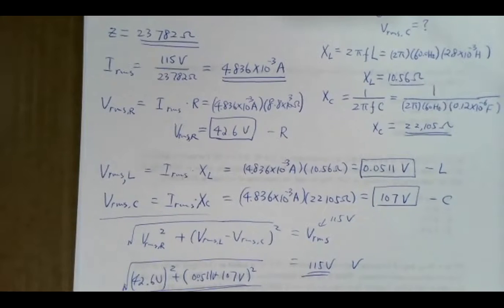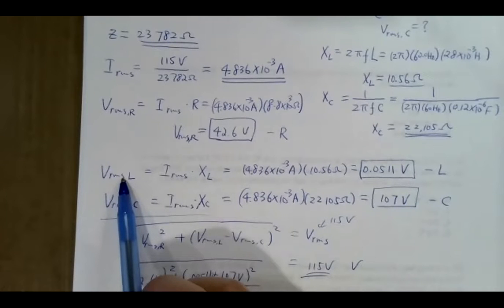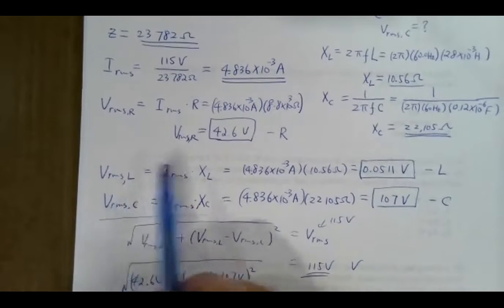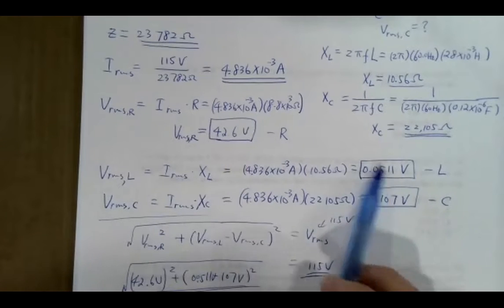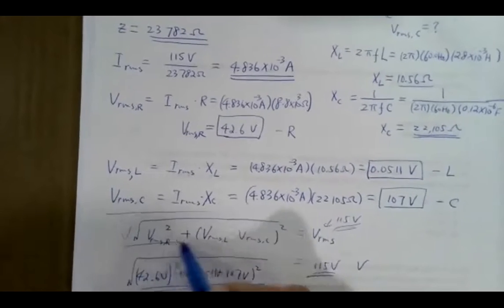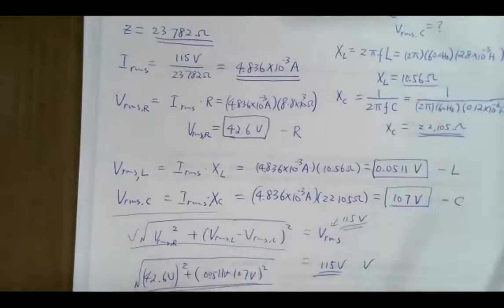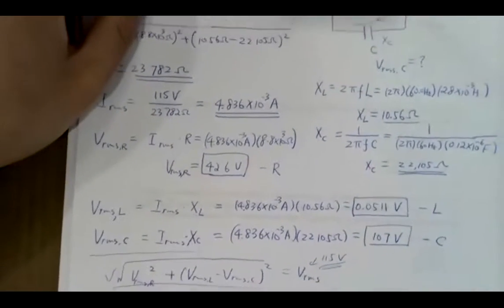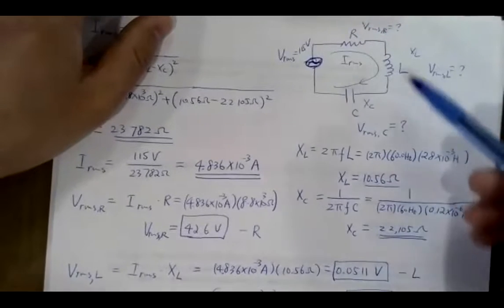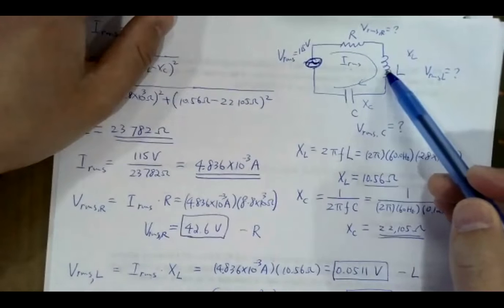Now, because you have an RLC circuit, just keep in mind that your root mean square voltages do not add up algebraically, okay? You do not just simply add those up, because if you add those up, it will not be equal to 115, okay? This is the correct formula for that. Because the L and C are not in phase with the current. So that means when this guy has a peak voltage, this guy is not having a peak voltage.